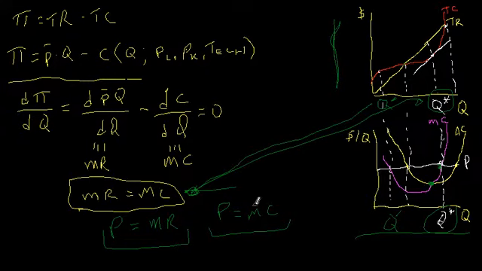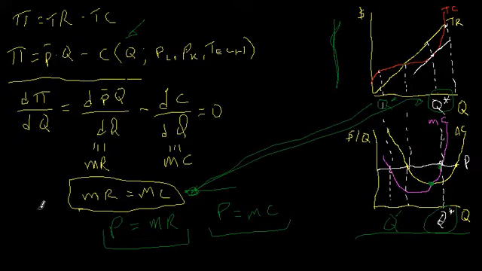So let's review one more time. How do we find the output where profits are maximized? We take the total profit function, differentiate it with respect to output, the only variable in that function, the only thing that the firm can choose, given the price of output and the prices of the inputs and the technology, that is the form of the production function.